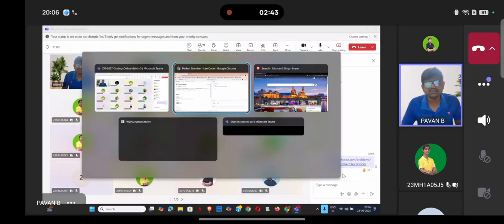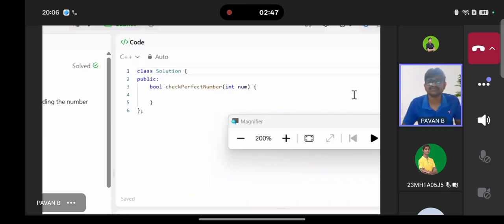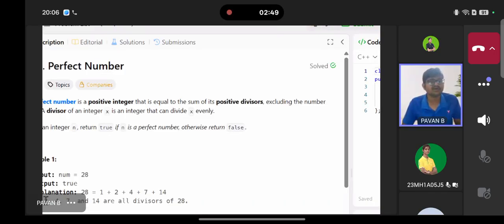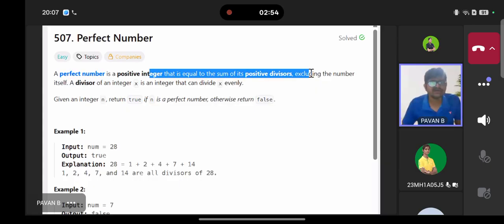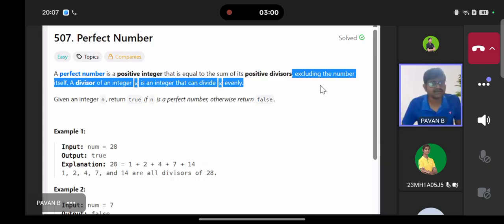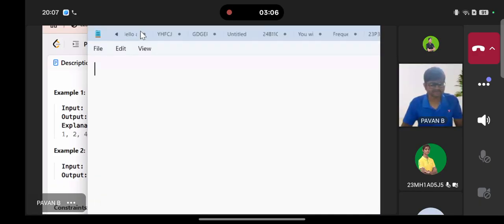Okay, so first let us look at the problem description. The problem itself is not that difficult, right? You can see the problem states that a perfect number is a positive integer that is equal to the sum of its positive divisors excluding the number, right? So if you take a number like 28, for any given number you need to find the factors.